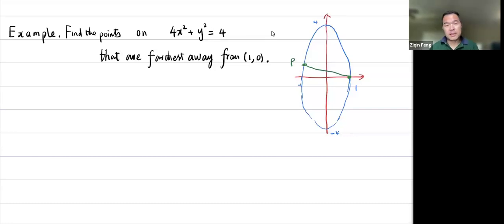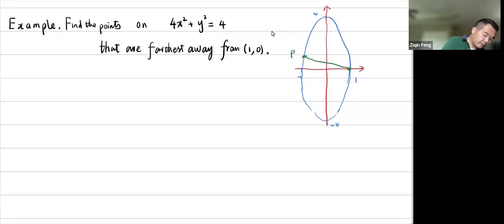Okay, so that's basically what this problem is asking for, right? You can see that because this is a symmetric shape, there should be 2 points, and we want to identify both points on the blue ellipse such that they are farthest away from (1, 0).